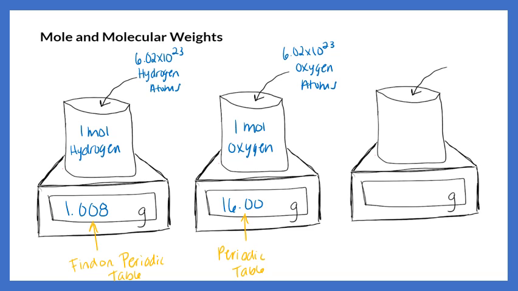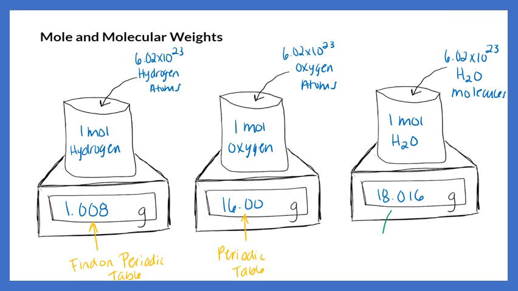So now, let's say I put 6.02 times 10 to the 23rd H2O molecules. So this would be 1 mole of H2O. How much would that weigh? That would weigh 18.016 grams. Now, you're probably asking yourself, where does that come from?